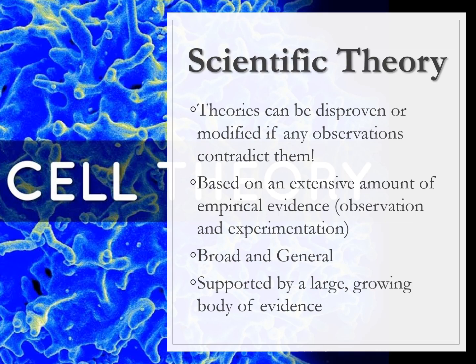So if all living things are made up of cells, that's very broad, right? But it is supported by a large growing body of evidence. Okay, so scientific theories are not written in stone. They can be disproven or modified, but they are very, very strong and have a lot of evidence to support them.